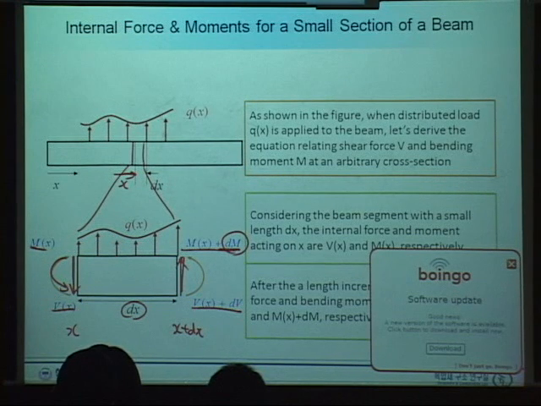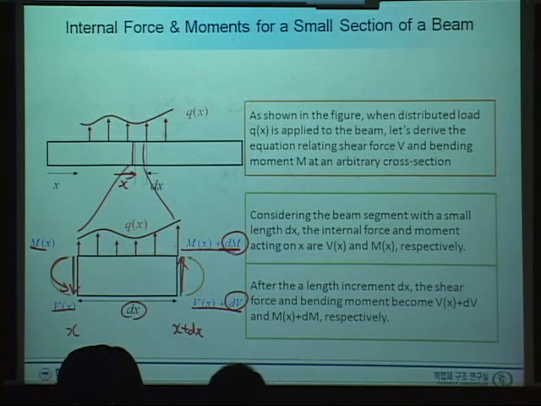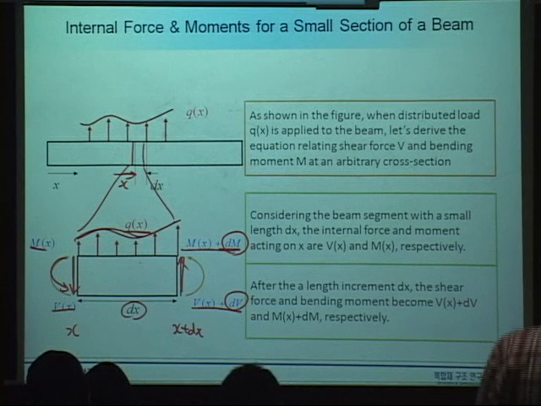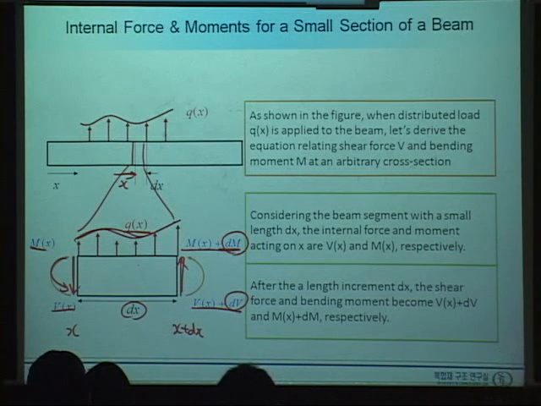This dM and dV are caused by some distributed load, this Qx. Within this dx, we have a certain distribution of external force. And now let's apply force equilibrium and bending moment equilibrium to this structure.